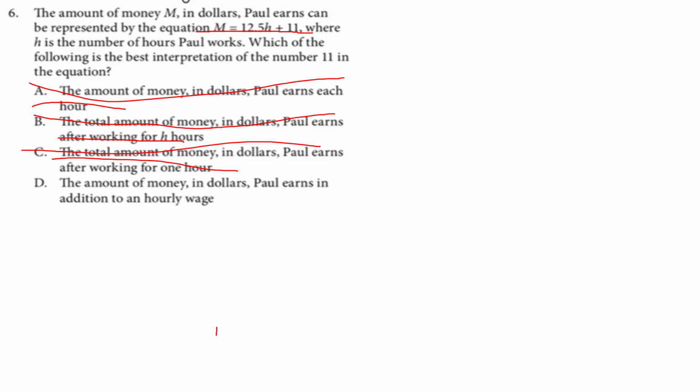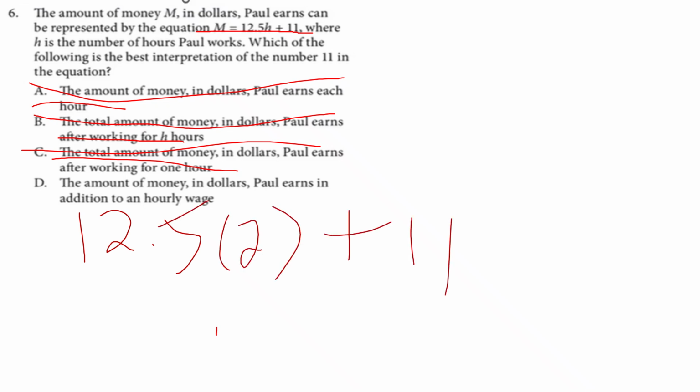So the only option that we really have available is option D, and it is exactly that. It's the amount of money that Paul's going to earn in addition to an hourly rate. So if Paul works 2 hours, that'd be 12.50 times 2 plus 11. So that would be 25 plus 11 equals 36.